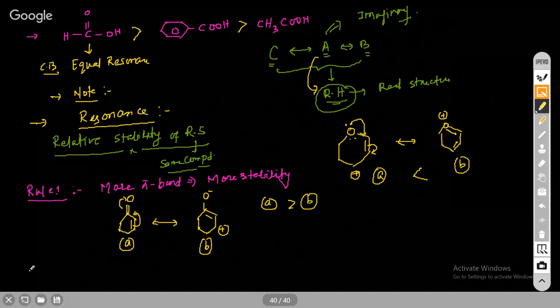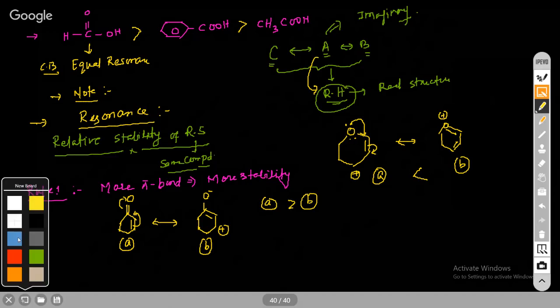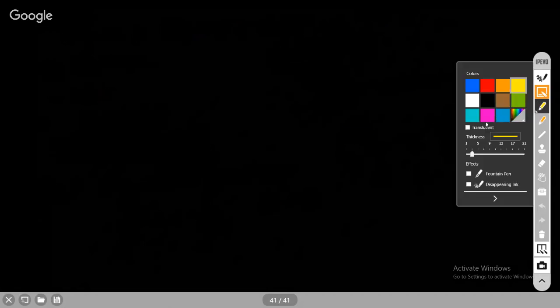Yes. Okay. Now the second rule is, rule 2, you write down. Sometimes what happens is in some of the resonating structures, the number of pi bonds are equal, right?